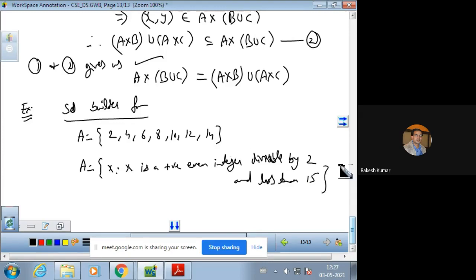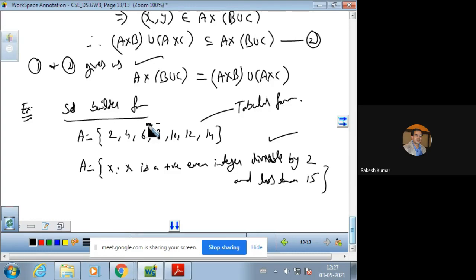This is the condition on all these integers. So this is the set builder form, and this is your tabular form. अगर हमारे पास tabular form given है तो set builder लिखना आना चाहिए, और अगर set builder given है तो tabular लिखना आपको आना चाहिए.